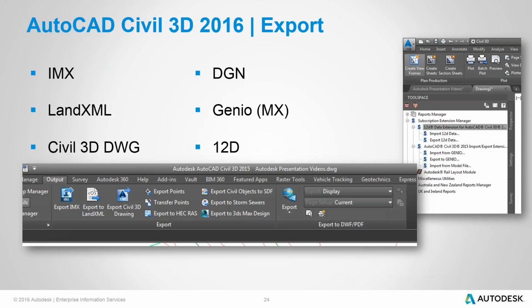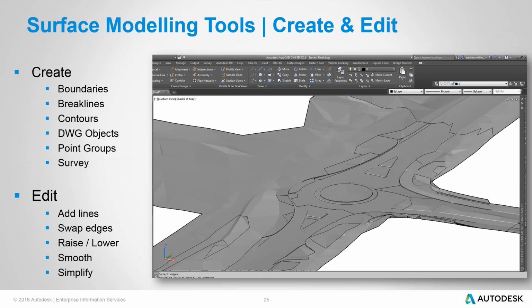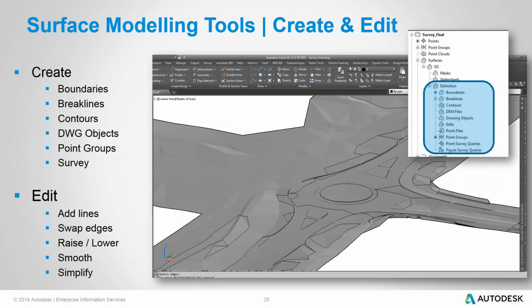Civil 3D also manages the import of many common industry file types such as LandXML, point clouds, GIS data, as well as 12D and MX Genio, so you can build a data-rich project base. Here are some of the creating and editing tools available within Civil 3D. We can add boundaries, break lines, contours, DWG objects, point groups, and raw survey data.